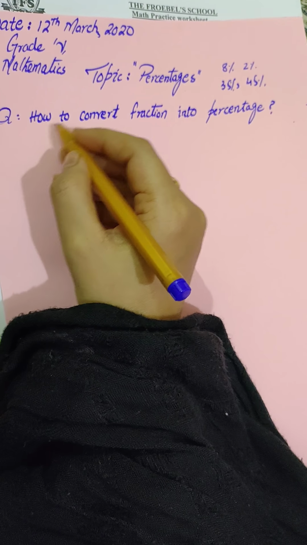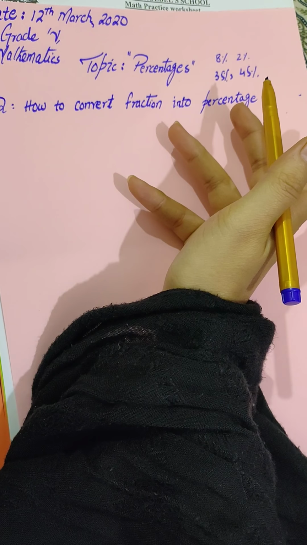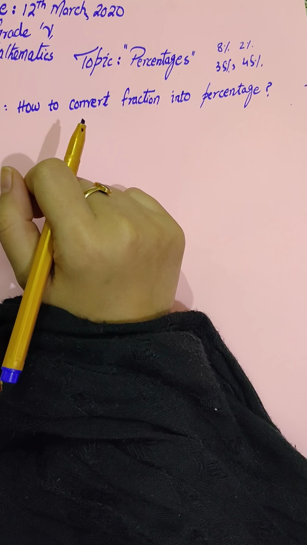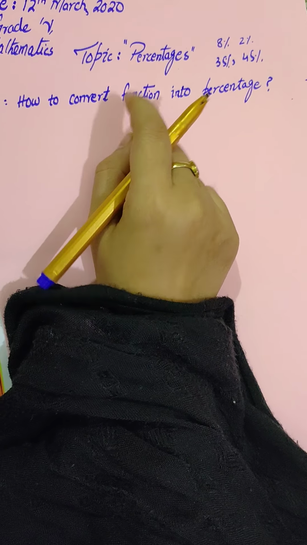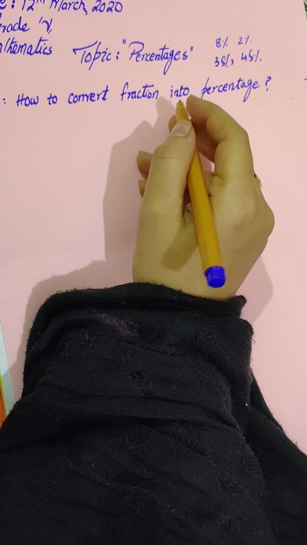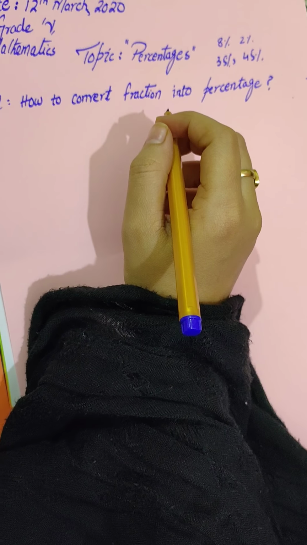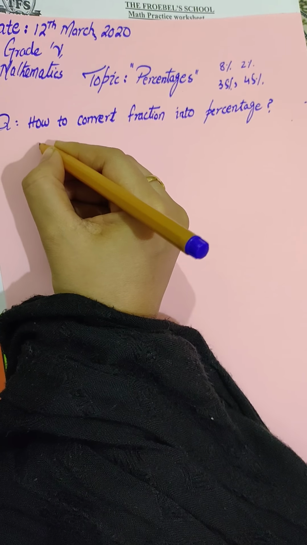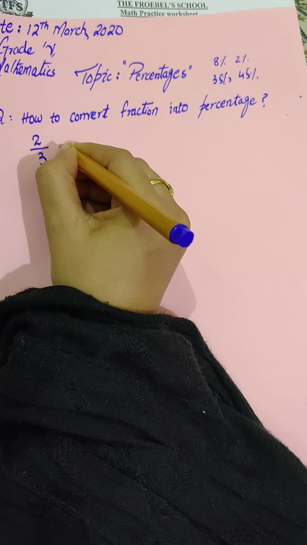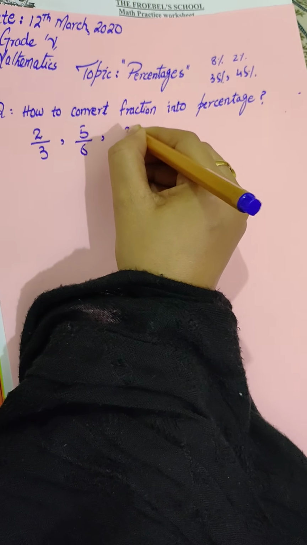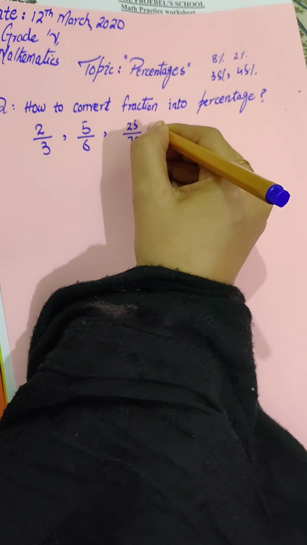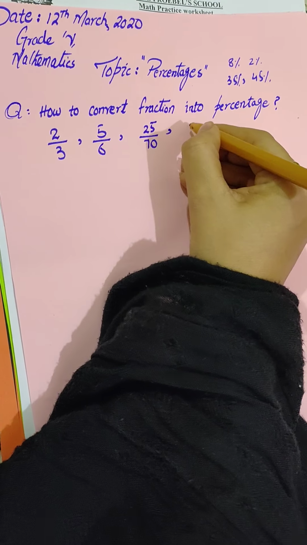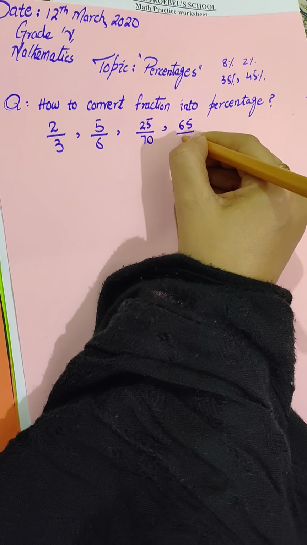This is what we discussed in the last video lecture. And today the question is how we can convert a fraction into a percentage. The question sounds the same, but there's a difference. What if the fractions do not have 100 in their denominator? I'm talking about common fractions, like 2 over 3, 5 over 6, 25 over 70, and let's take one more example, like 65 over 80.